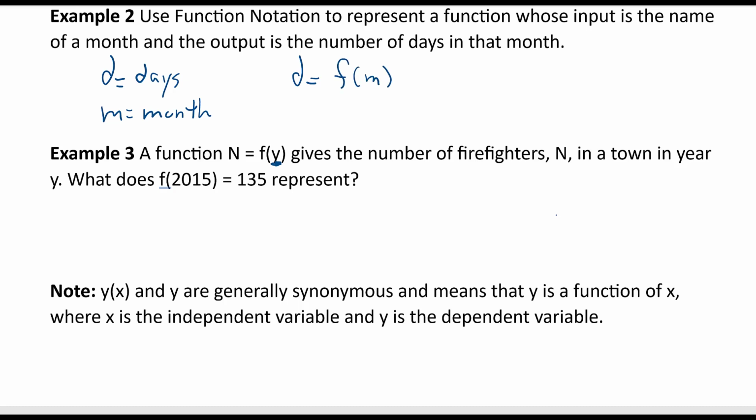So the number of days is a function of the month. For example, 30 days is a function of June. Or 31 days is a function of, pick one, March. I'm going to skip trying to nail down February because that one has two different outputs, which would make it not a function.